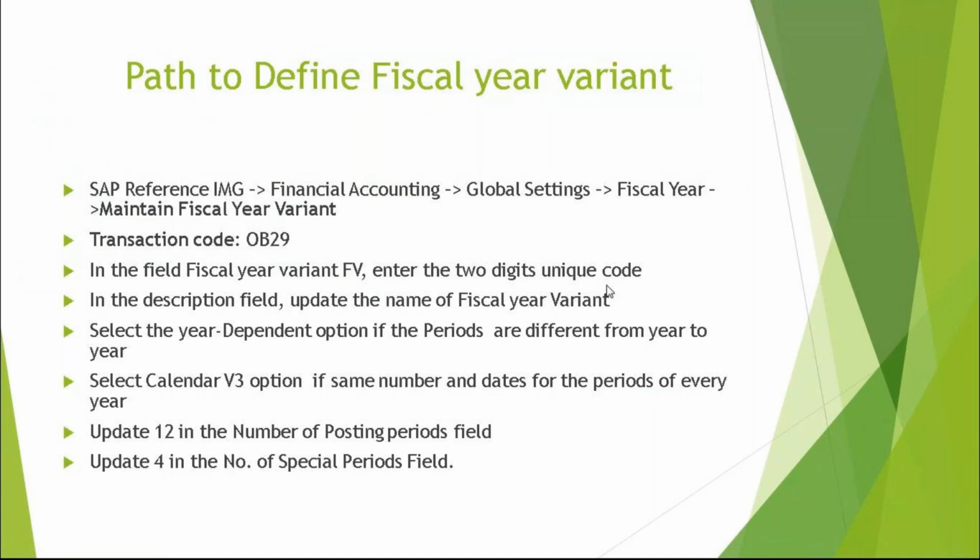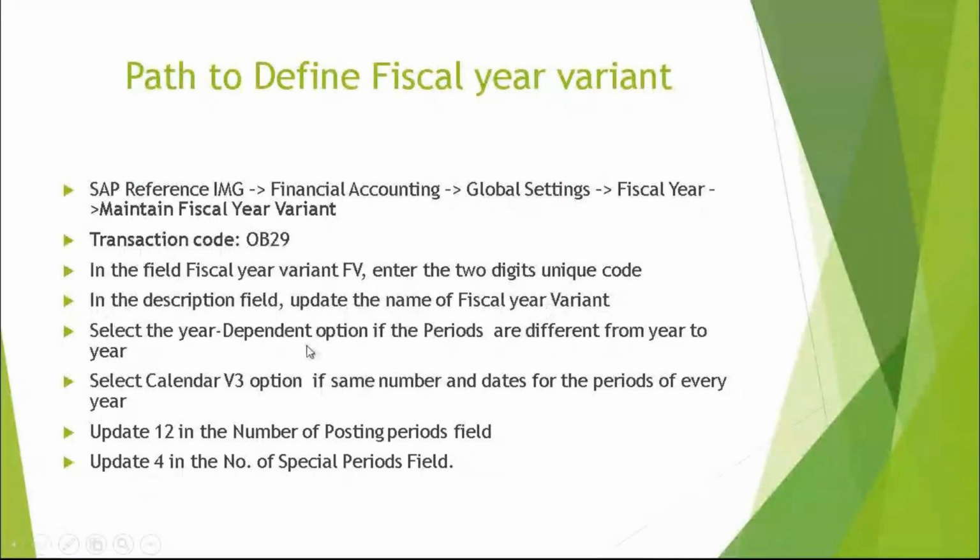It can be anything, M1, MC, whatever. Means when you are giving that code, you can give it as either two numbers, two alphabets, or two alphanumeric. It can be anything. Okay. So here we need to describe the field. What is the fiscal year variant? The fiscal year variant for my company code I will be creating.